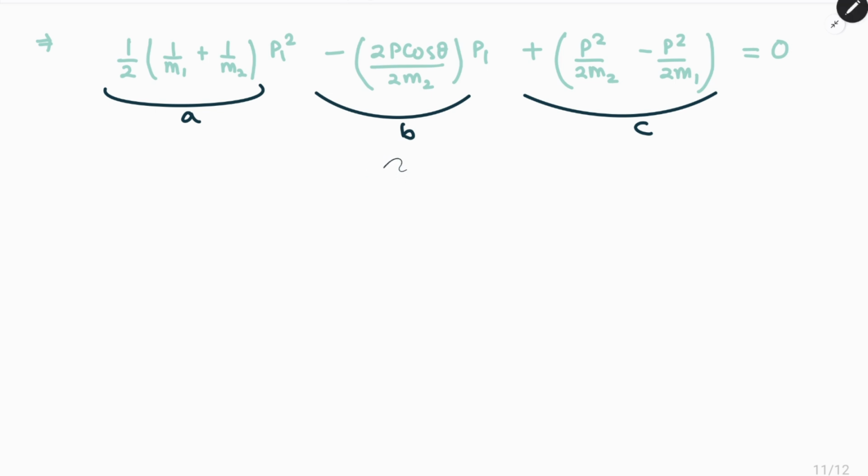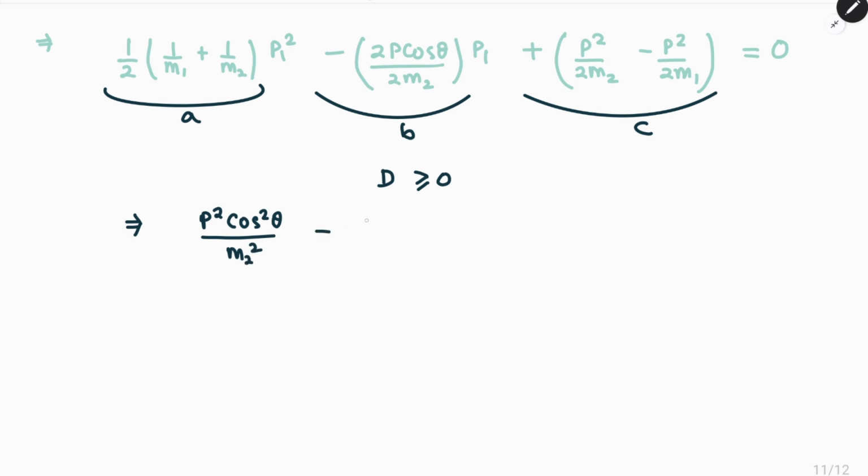Since it must have a real root, we write that the discriminant is greater than or equal to 0, because the roots are real or equal. So we do b square minus 4ac greater than or equal to 0, and over here, b square is p square cos square theta by m2 square.